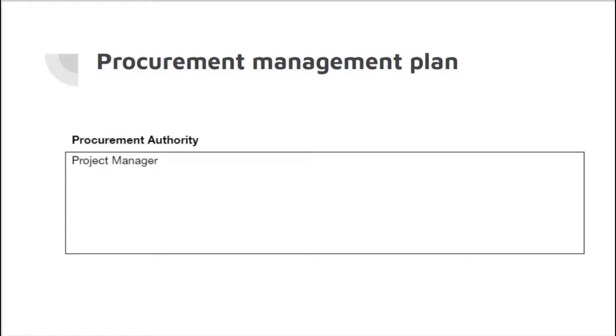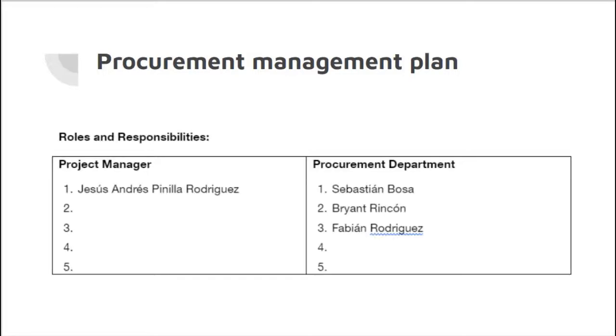Procurement management plan. The procurement authority is the project manager. The roles and responsibilities: the project manager is Jesus Andrés Pinilla Rodriguez, and the procurement department is Sebastián Bosa, Brian Rincon, and Fabián Rodriguez.